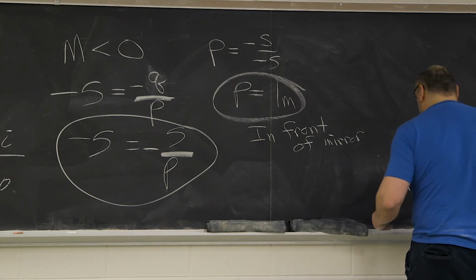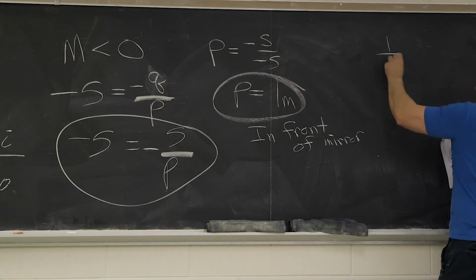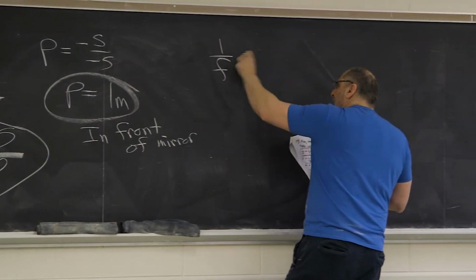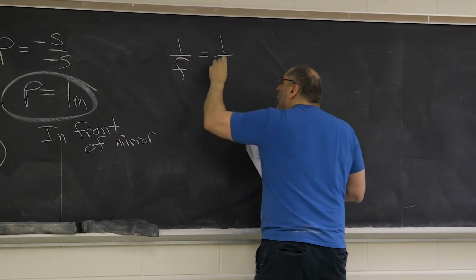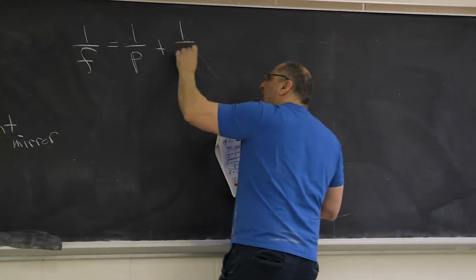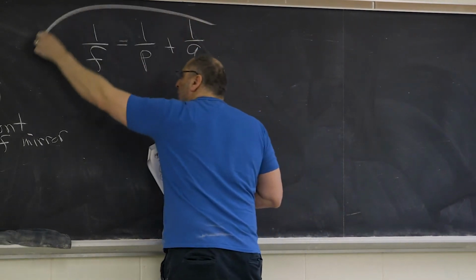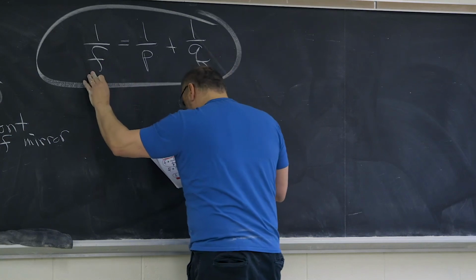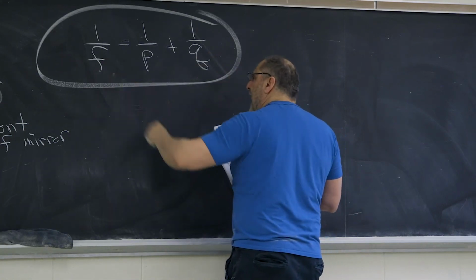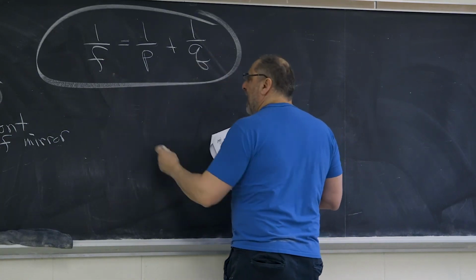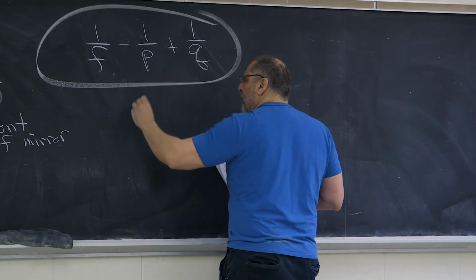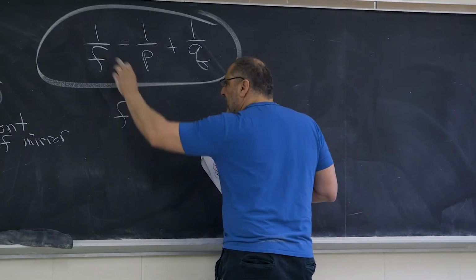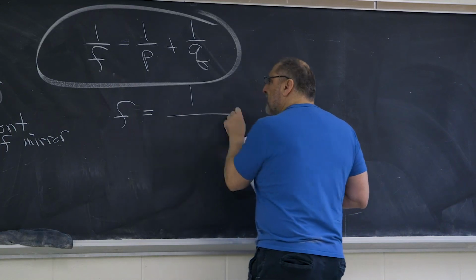I'm not wondering why I even did it, but why not? I mean, they didn't really ask us beyond this, but just kind of a little added practice for what we're doing. We do remember this. This is very much bread and butter. Image distance, object distance, focal length. How do you solve for F? Well, you solve for F a lot of ways. If these guys are equal, you get the reciprocal of this guy, and then the reciprocal of this guy.